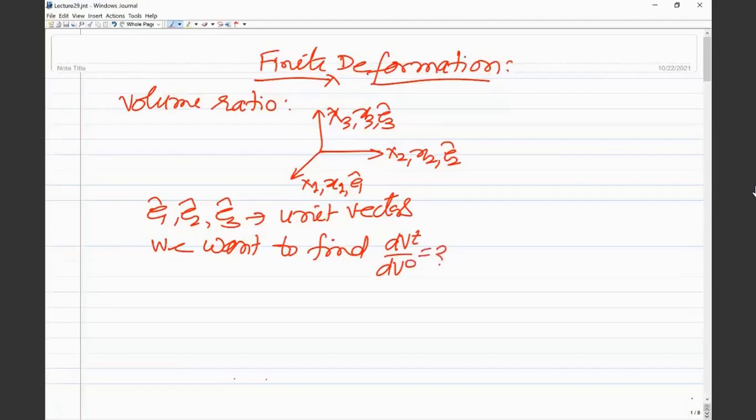So for this we consider a differential volume element in the reference configuration, a cuboid, not a cube, a cuboid. This is the differential element, and this edge is parallel to the x1 axis, so this is dx1, this is dx2, and this is dx3.